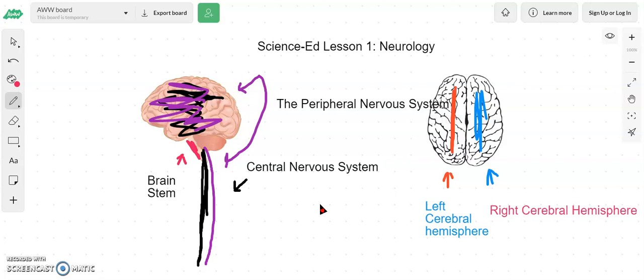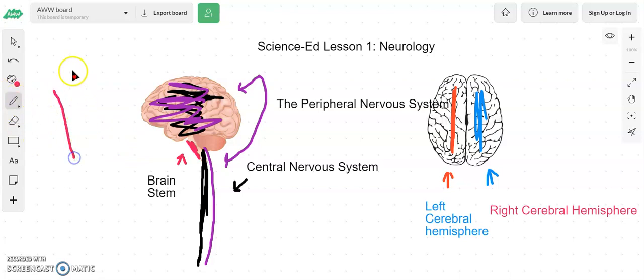The brainstem connects your cerebrum and your spinal cord. And the brainstem is divided up into three parts.